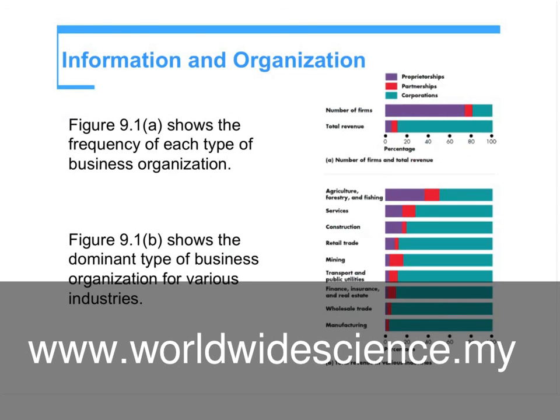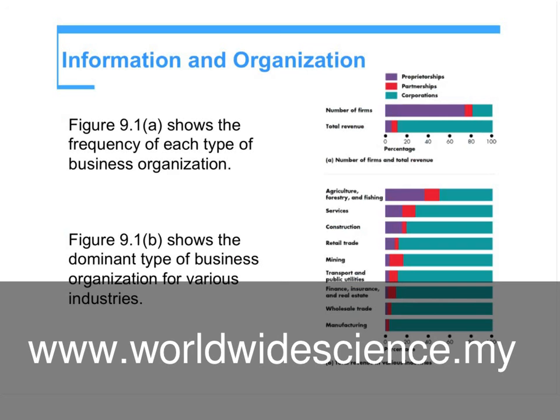Well, when it comes to the magnitude of revenue at the bottom, you see that the majority of the revenue comes from the green, which is the corporations. The proprietorships, as you can see, it's not much. The highest it has is for agriculture, forestry, and fishing.